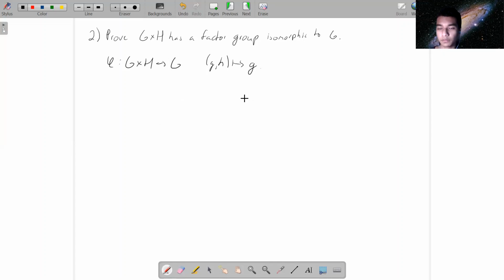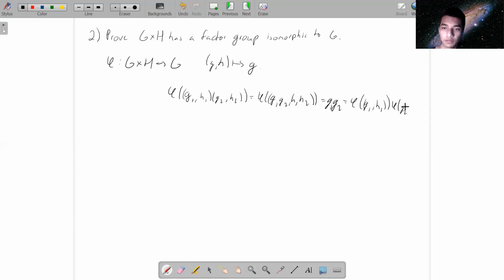Okay, so first it should be clear that this is a homomorphism because we have phi of (g1,h1)(g2,h2) equals phi of (g1 g2, h1 h2) equals g1 g2, which is phi of (g1,h1) times phi of (g2,h2).